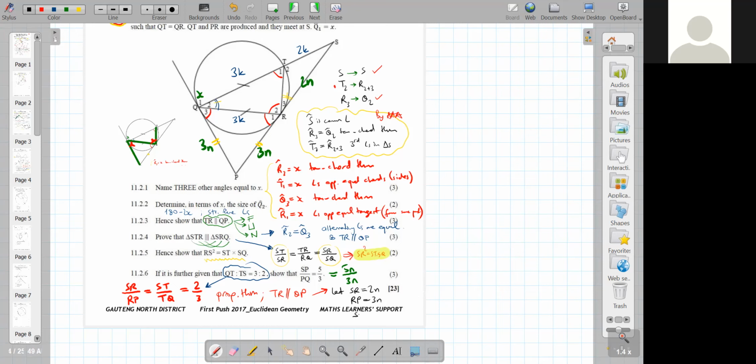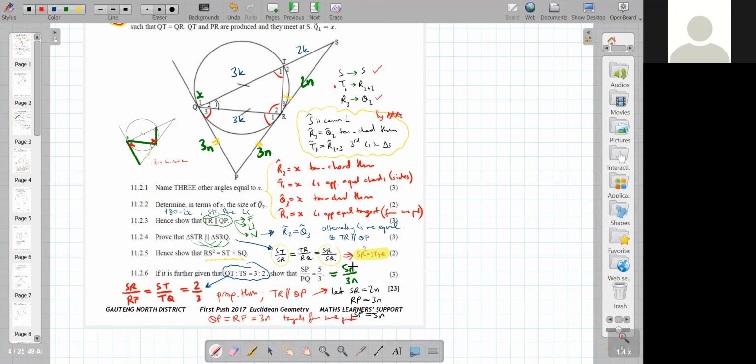Nothing is wrong with saying that. But now, how do we know QP is 3n as well? That may be the last thing we have to write. I said they are equal because they are tangents from the same point. So finally, QP is equal to RP, which is equal to 3n because they are tangents from the same point.